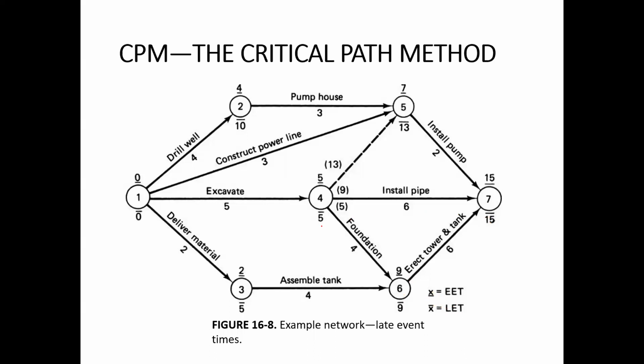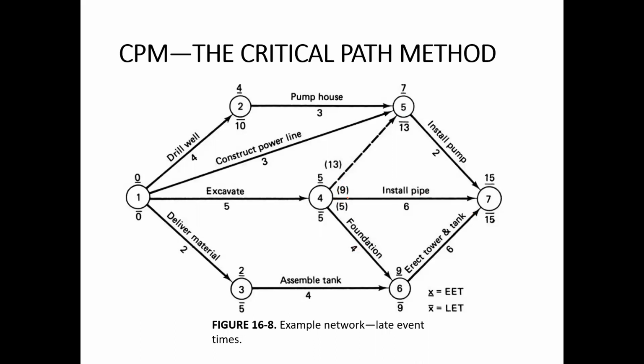How was this number 5 obtained? For this event, three tails are meeting over here. One tail is from install pump, through this dummy activity. The other tail is from install pipe, and another tail is from foundation.